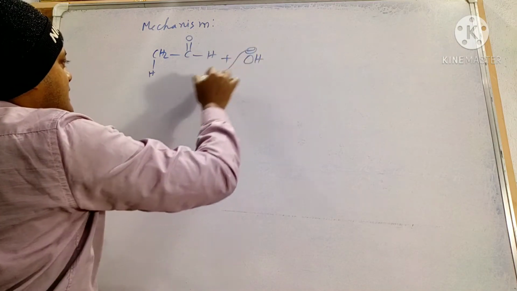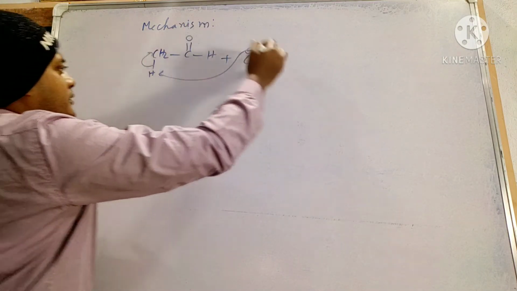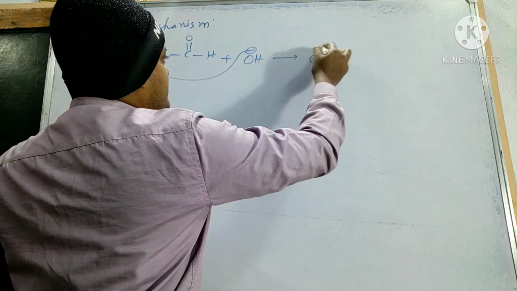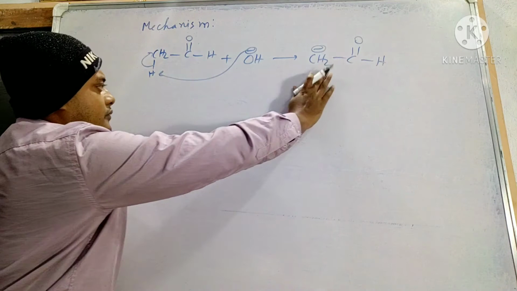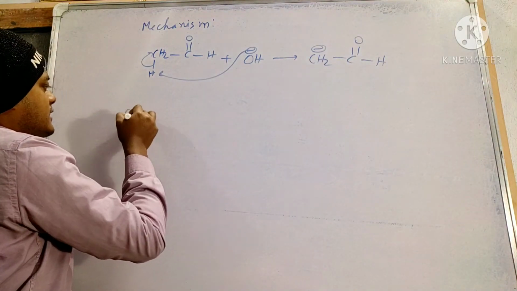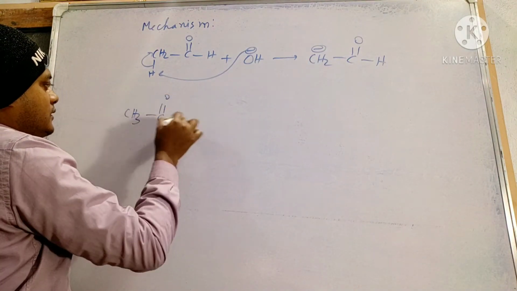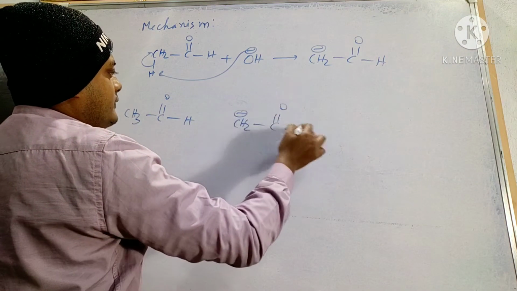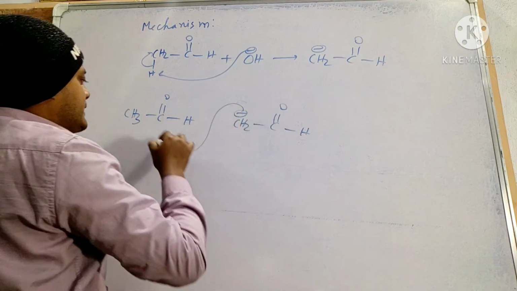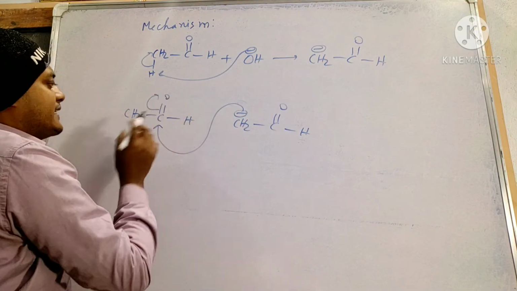See, first the base will abstract a proton and we will get the nucleophile. That is the nucleophile of this reaction. Next what happened? Now this nucleophile attacks the second aldehyde.